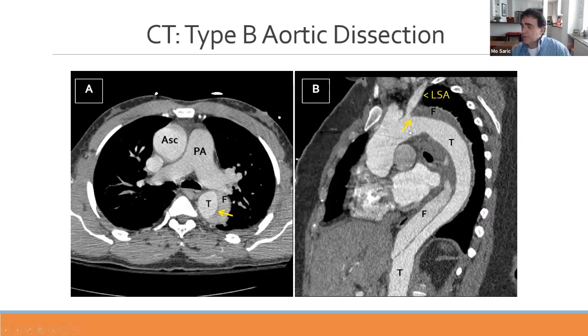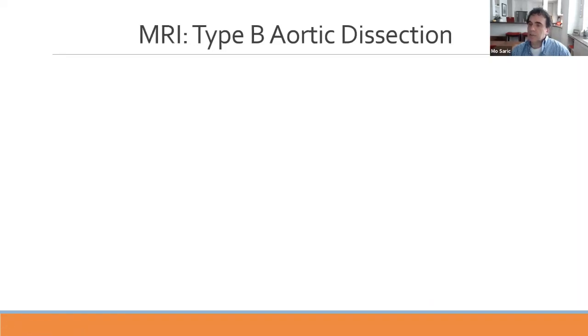Axial cut is very important because it shows that the type B aortic dissection characteristically starts just distal to the origin of the left subclavian artery. So the arrow points to the origin of the dissection flap, and it's separating false from the true lumen in this patient with type B aortic dissection.